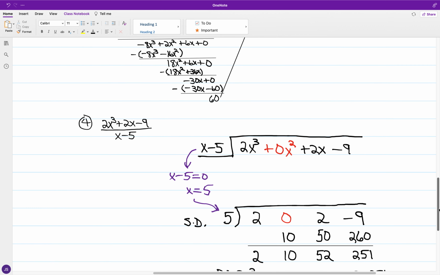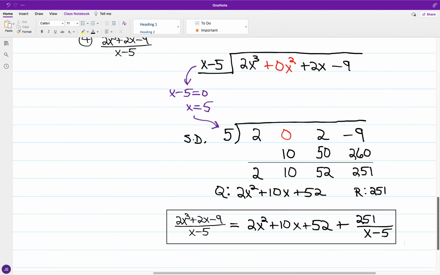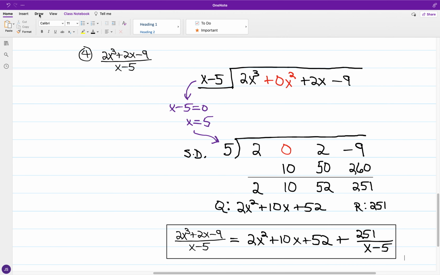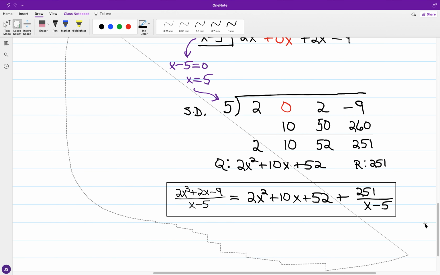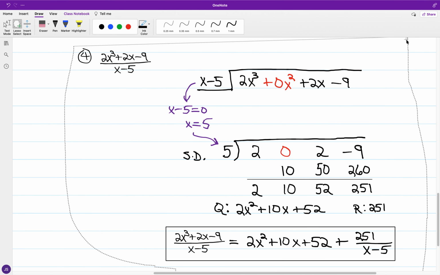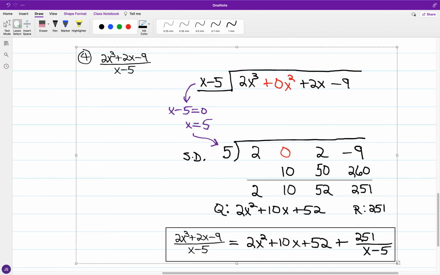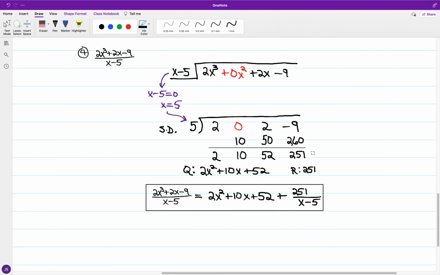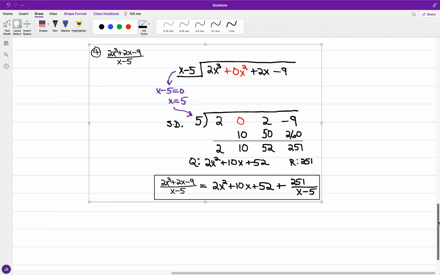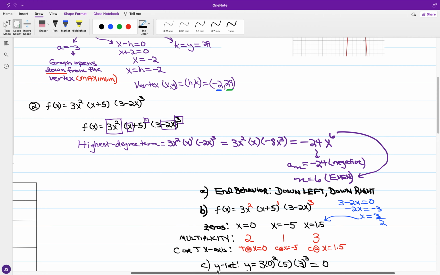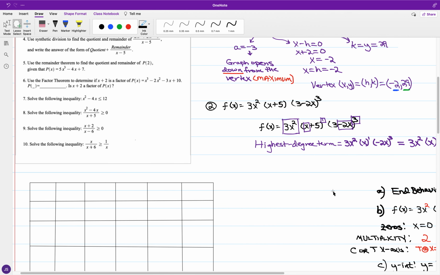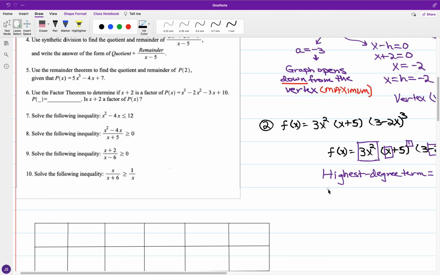Right. Now, for what we have in the next case, we have number 5. So we're looking at remainder and factor theorems. For number 5, it says to use the remainder theorem to find the quotient and remainder of p of 2.